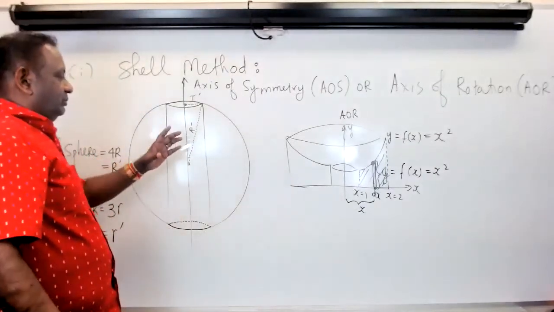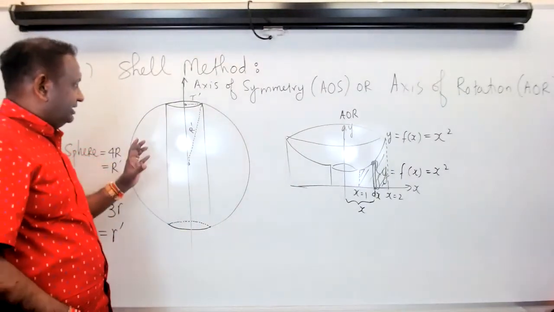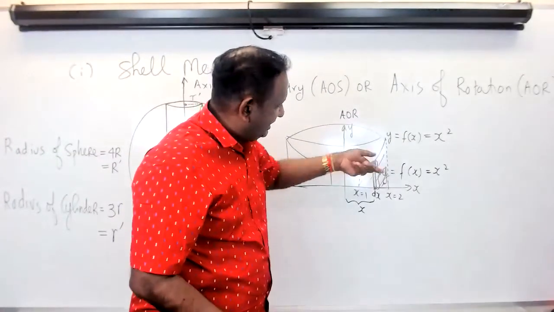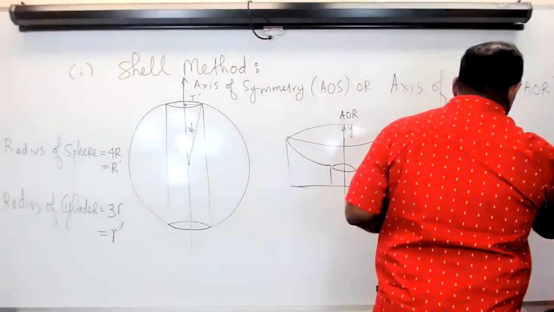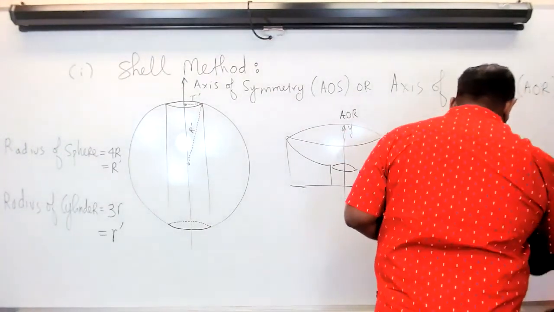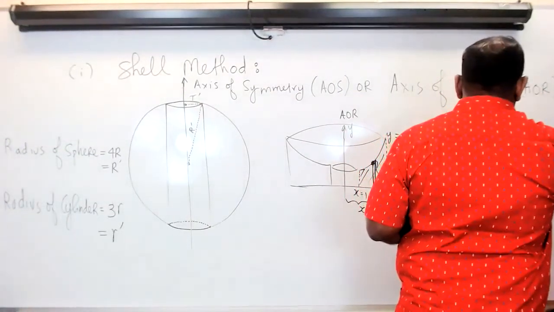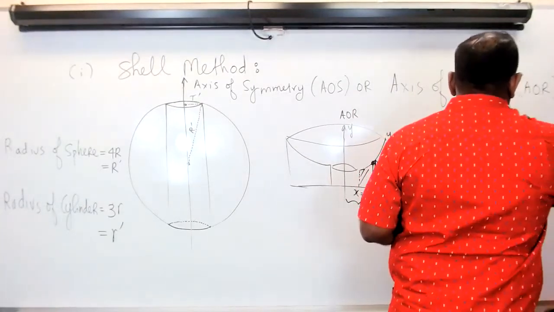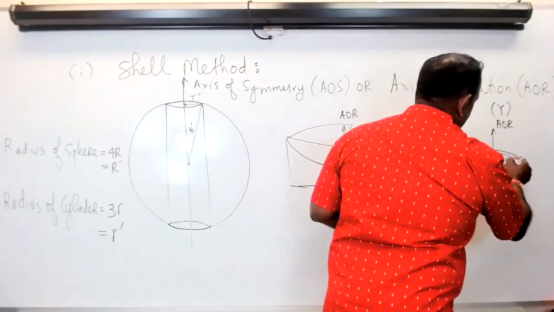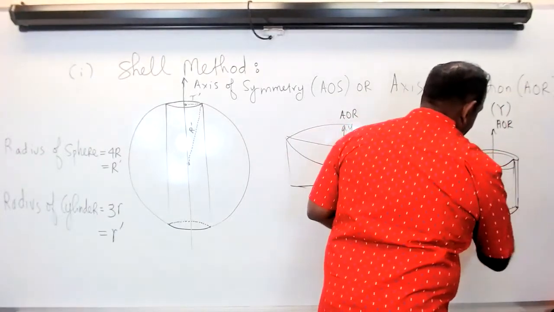But when you apply the same technique over here, that's called the shell method. Then what you're going to do, you're going to take only the strip out and rotate about the axis of rotation, which is y. Then that would generate a small cylinder or shell.